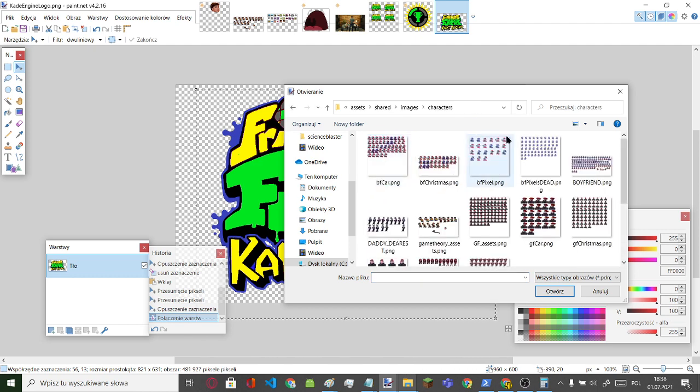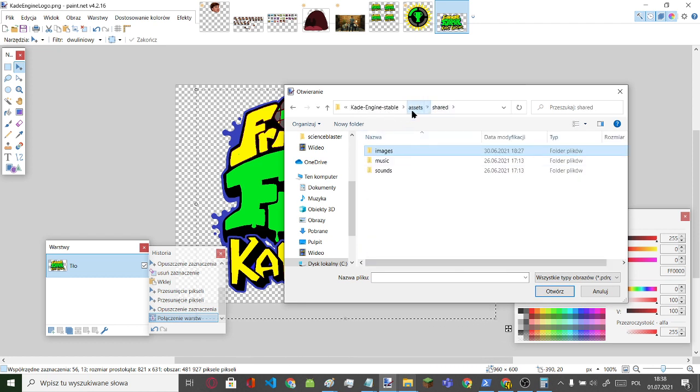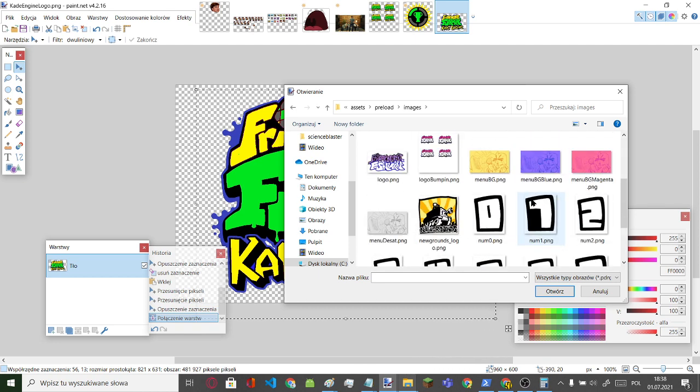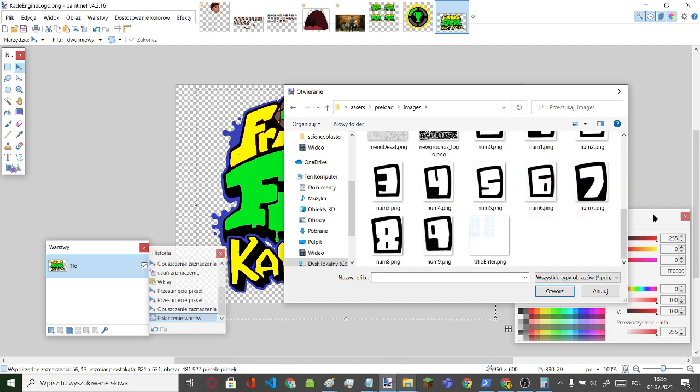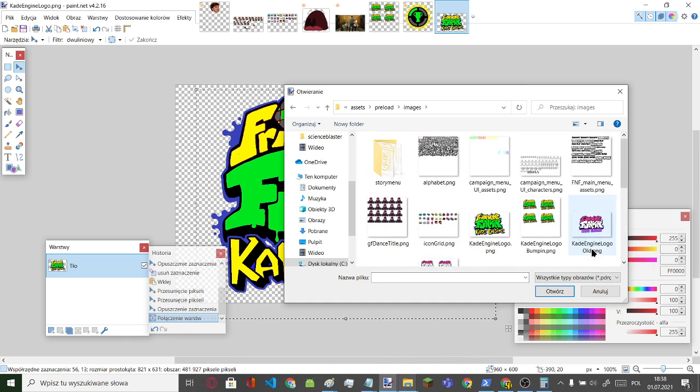No. No. Images shared. Preload. Images. Hmm.